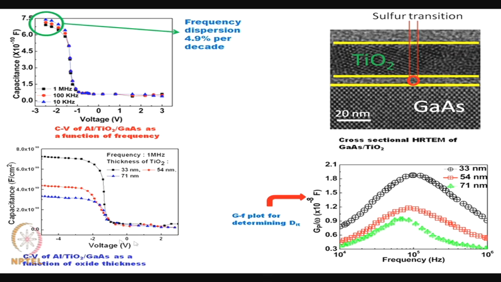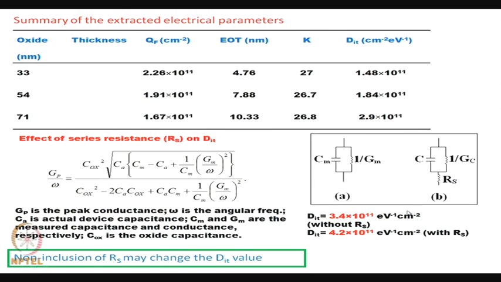The measurements were taken at a frequency of 1 megahertz, and this is the conductance frequency plot for the 3 different thicknesses of TiO2. From these measurements we have calculated the DIT value. We see that if you increase the thickness from 33 to 54 to 71, the equivalent oxide thickness also increases.